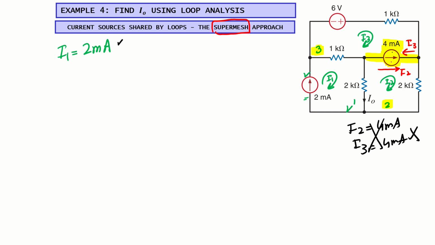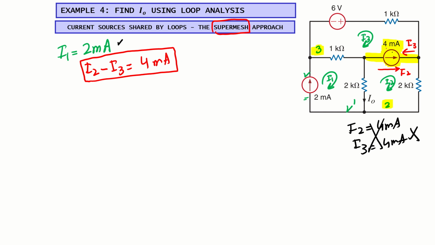Because the direction of the current is towards I2, I can write I2 minus I3 is equal to 4 milliampere. This is my supermesh equation, the current source equation that makes the supermesh. First of all, we write this equation.